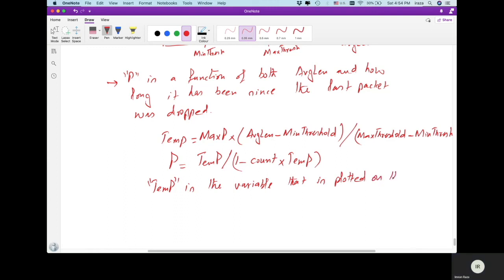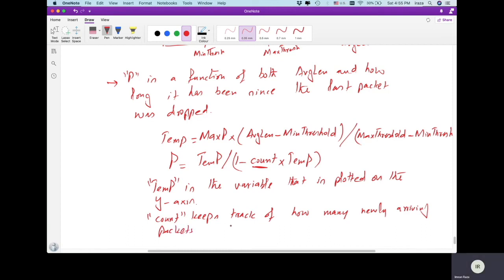Okay, and in this formula we are familiar with all the other parameters, and the count here keeps track of how many newly arriving packets have been queued, not dropped.